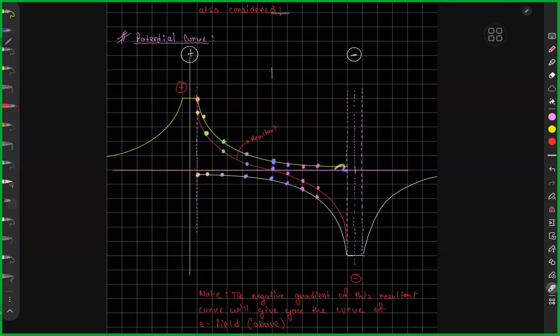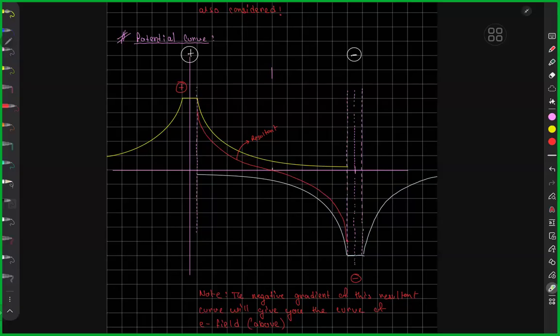We sum the electric potential values of the positive charge and of the negative charge, and we get the red line. So the electric potential curve of the positive one and of the negative one, we add up and we get this S-shaped curve.